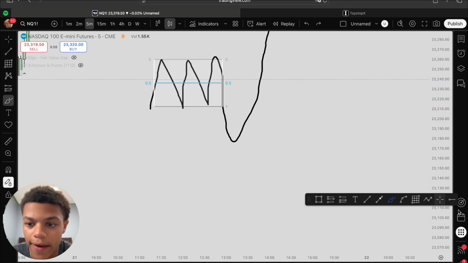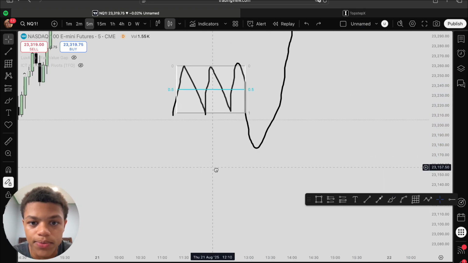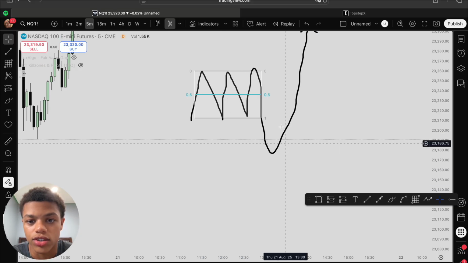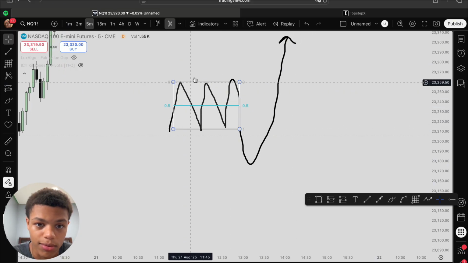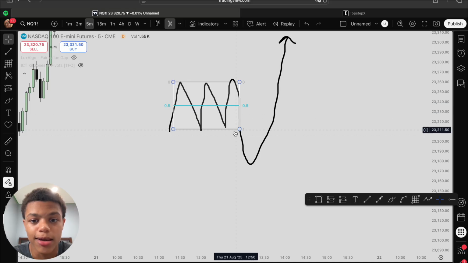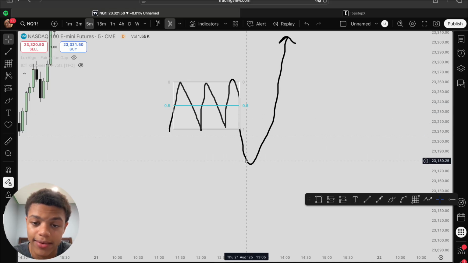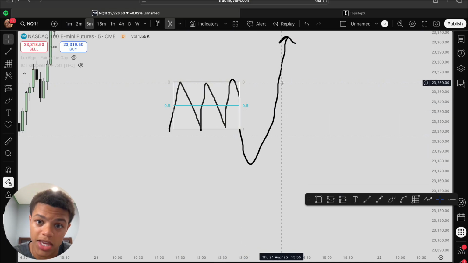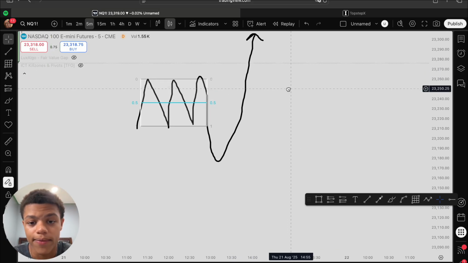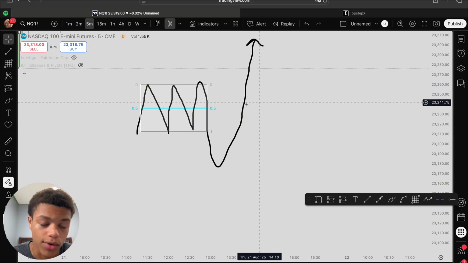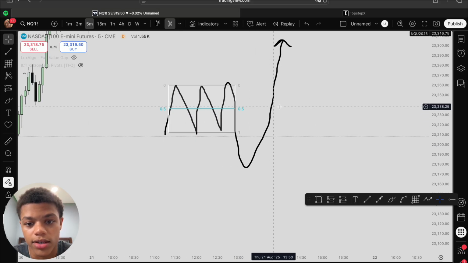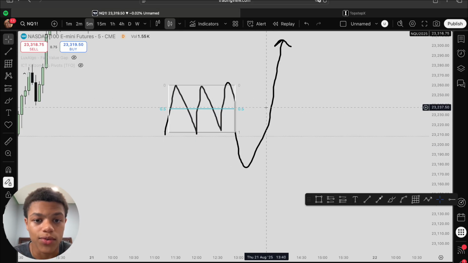Liquidity sweep. Sorry if you hear background noise. Keeping it simple: accumulation, we form liquidity. Manipulation, we sweep liquidity. Distribution is just a continuation from that liquidity sweep, because the liquidity sweep is for the reversal in the market. So we understand ICT's Power of 3 model.